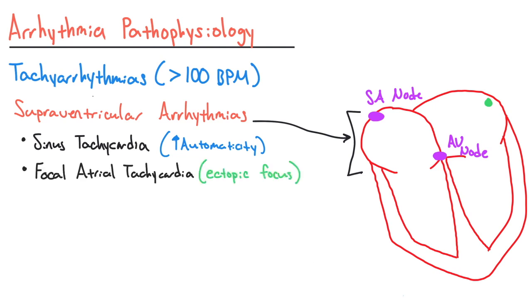The next one is fairly self-explanatory. Let's say instead of just the one little irritated area, the little ectopic focus, we have maybe 3 or 4 little irritated areas. And all of these little irritated areas are firing off signals through the atria. That would be called, very simply, multifocal atrial tachycardia.